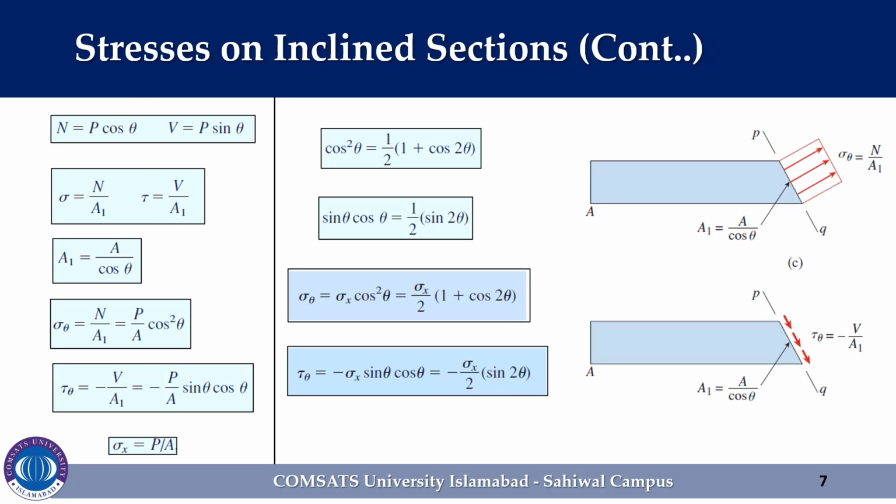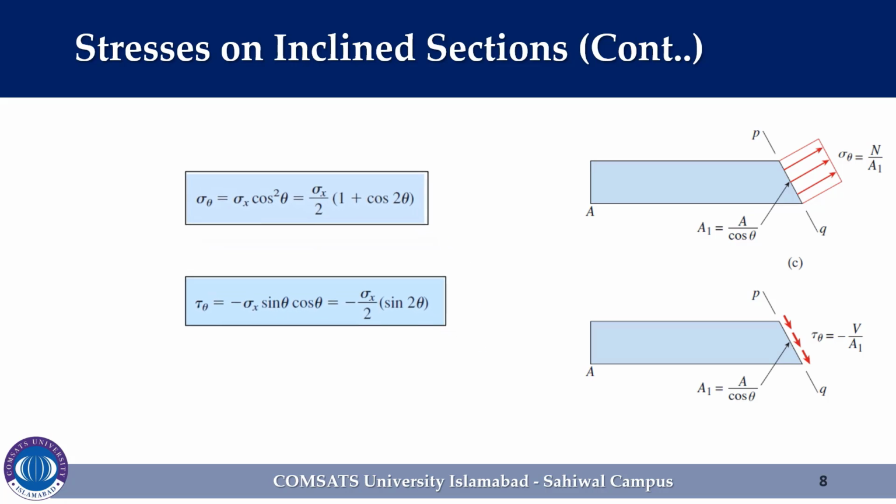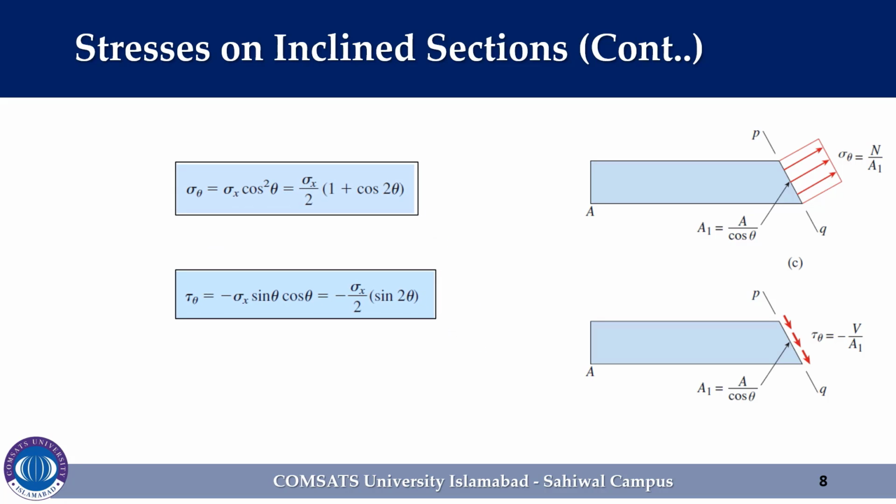These equations give the stresses acting on an inclined section oriented at an angle theta to the x-axis. It is important to mention that these equations were derived only from statics, and therefore they are independent of the material. Thus these equations are valid for any material, whether it behaves linearly or non-linearly, elastically or inelastically.